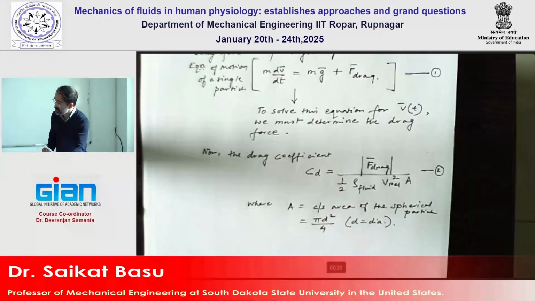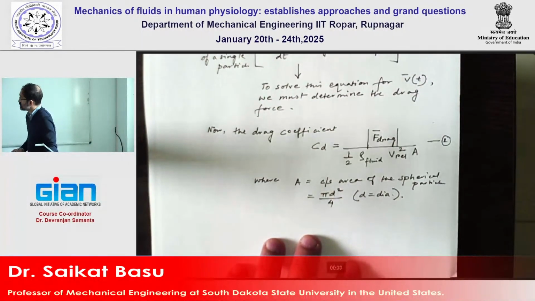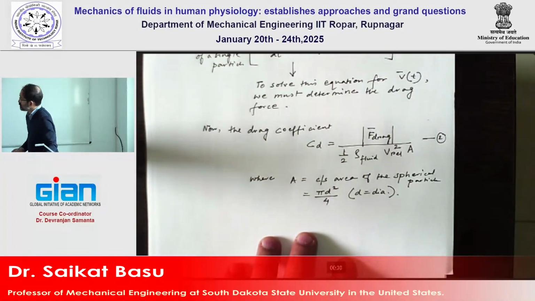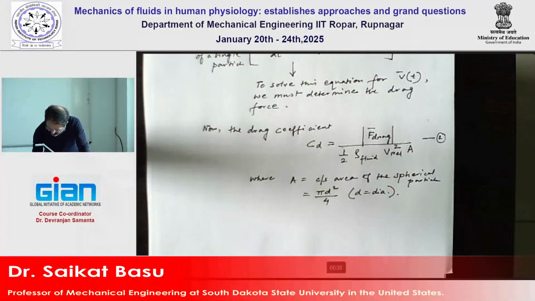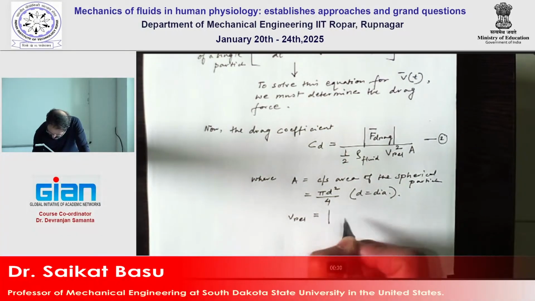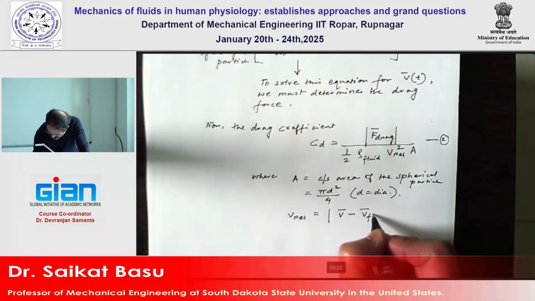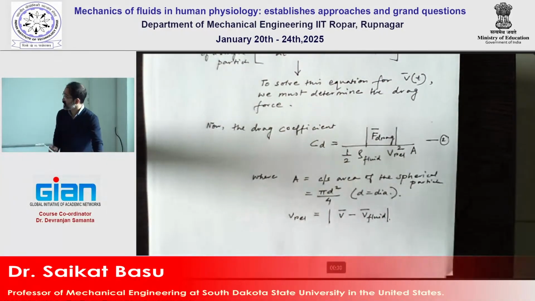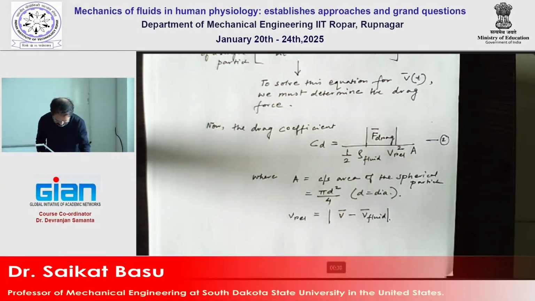And for that matter, if we had ignored the first assumption, this is where things start to get complex. We need to know the profile of the particle if it is indeed non-spherical. The V relative is V bar minus V fluid. We are solving for V, which is the velocity of the particle, and the resting velocity is V fluid.